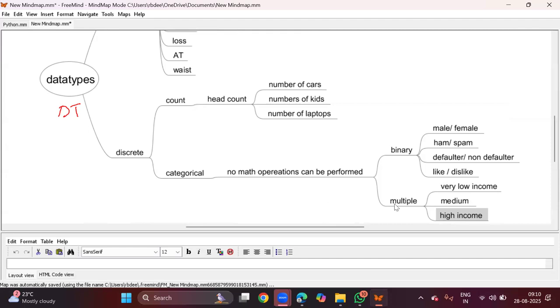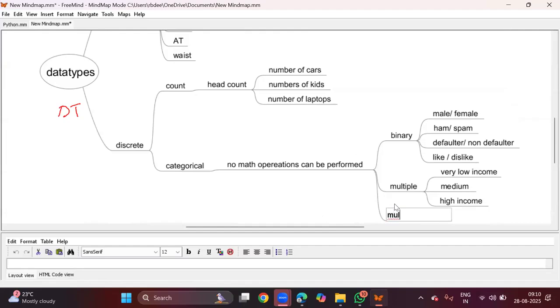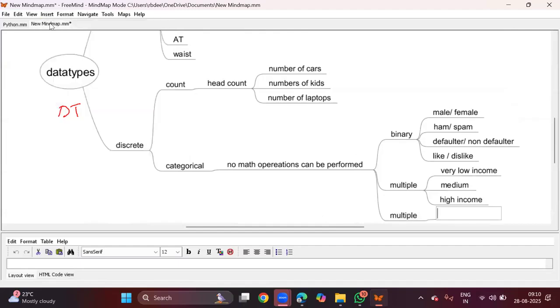Or I can also make more than three categories, like, as I told you, it can be neutral, it can be dislike. Agree?